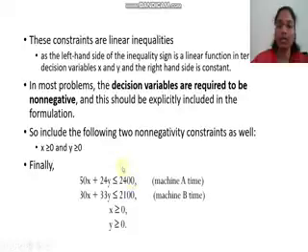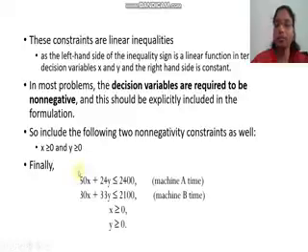One more thing to note is that the decision variables should not be negative, they should be positive or non-negative. That also has to be explicitly included in our formulation. So we have to include these two non-negativity constraints: x is greater than or equal to 0 and y is greater than or equal to 0.